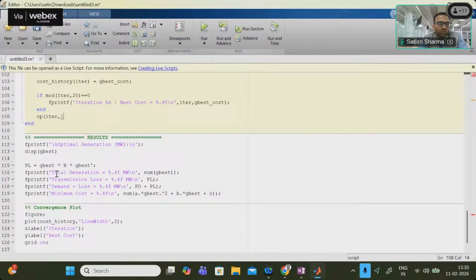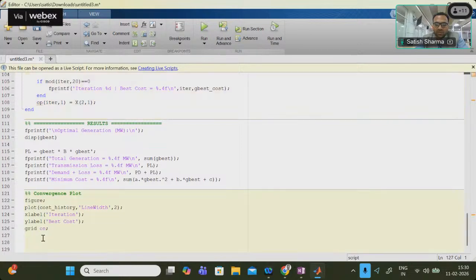Okay, let me plot only p1. First of all, equals to capital X, and whatever the second particle is, I am going to plot its first value. Okay, so this is it, and once I have this, I will plot it.